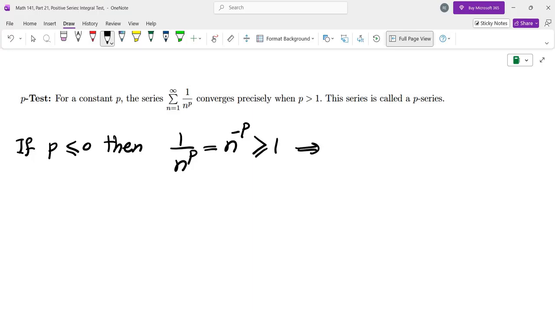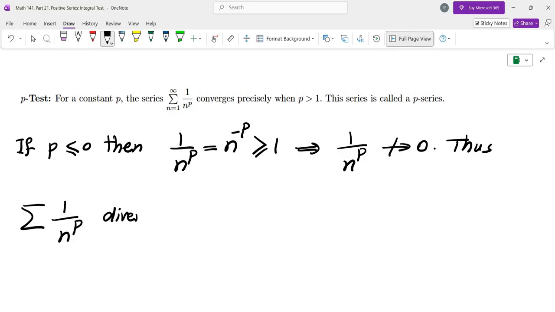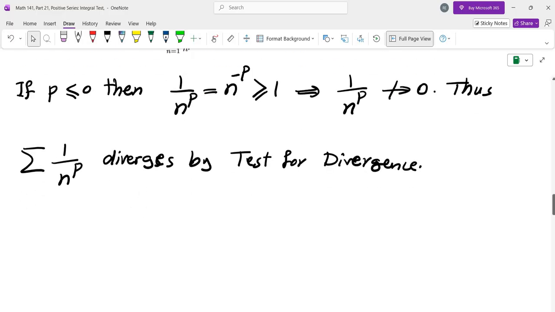So that tells us that 1 over n to the P does not converge to 0. Thus, the series 1 over n to the P diverges by the test for divergence. So if P is negative or 0, that clearly diverges.